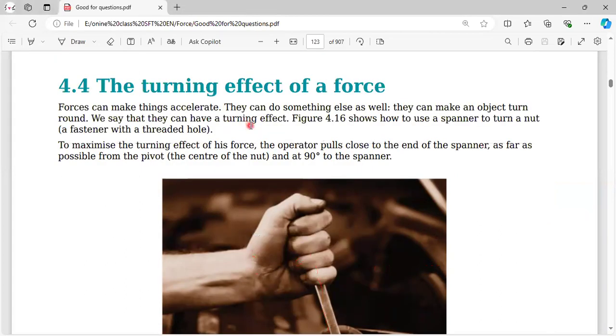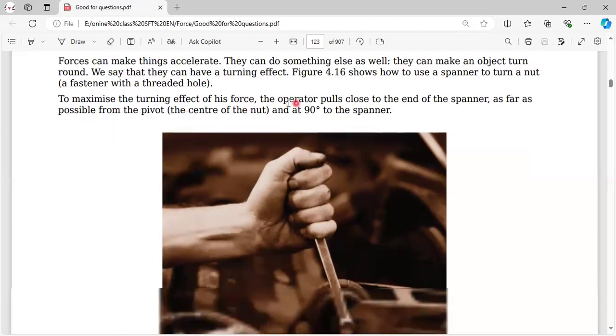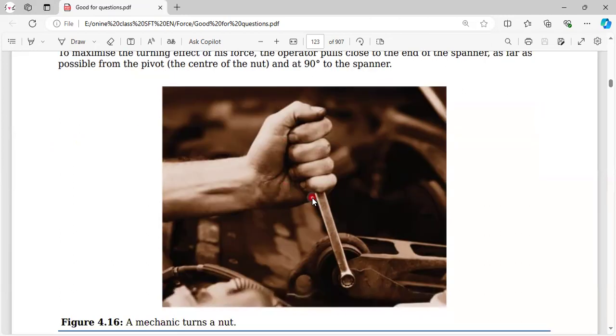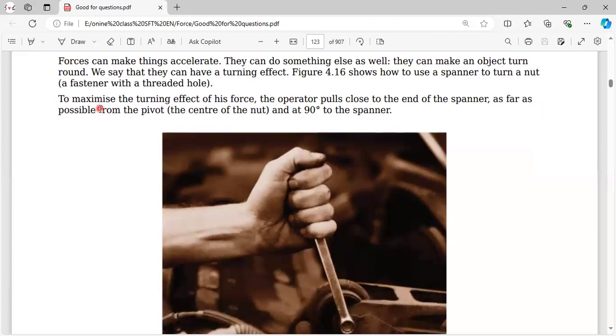So as I discussed, the difference is we are talking about applying rotational forces. Applying that force, you can make an object turn around, for example a fastener with a threaded hole, using a spanner to loosen a nut. And if I want to get the maximum turning effect with the use of this hand, what is the requirement?